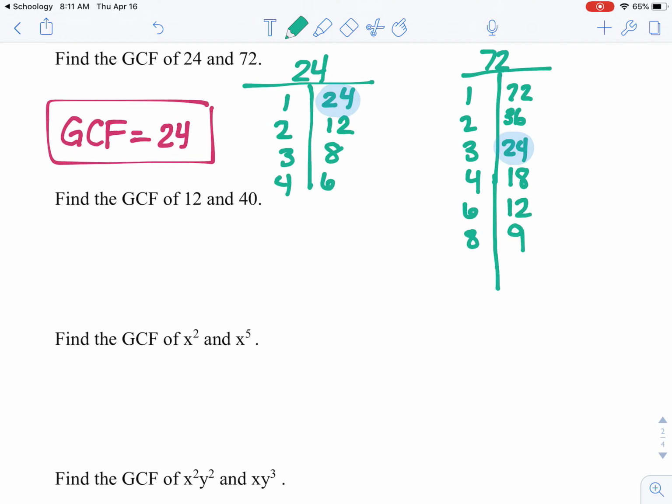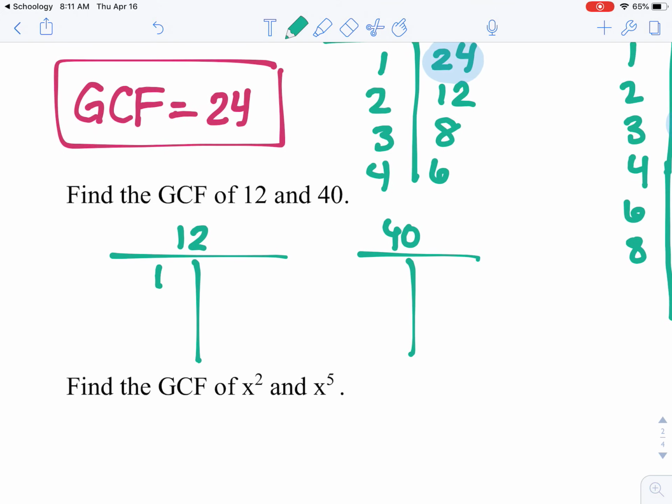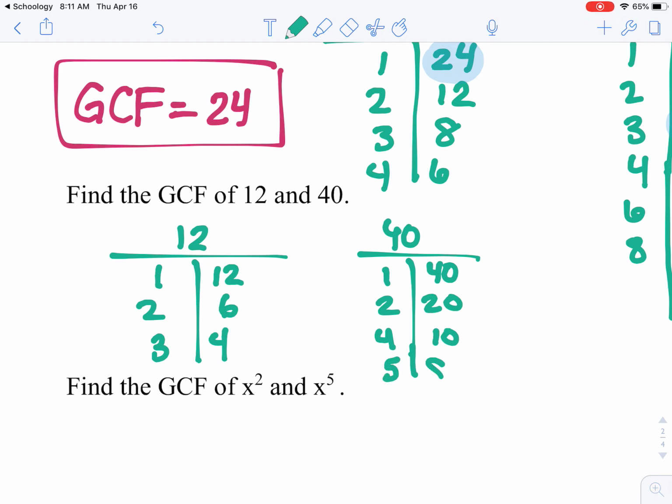All right, next we're going to look at 12 and 40. So we are finding our factors first. 2 and 20, 4 and 10, 5 and 8.